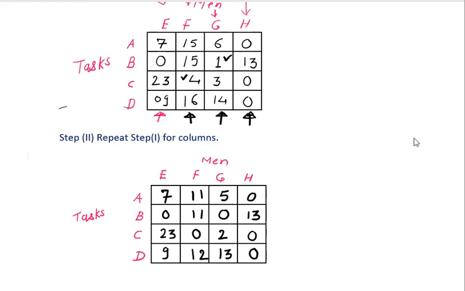That is, cover all zeros with minimum number of horizontal and vertical lines. So here this is step 2 plus step 3.